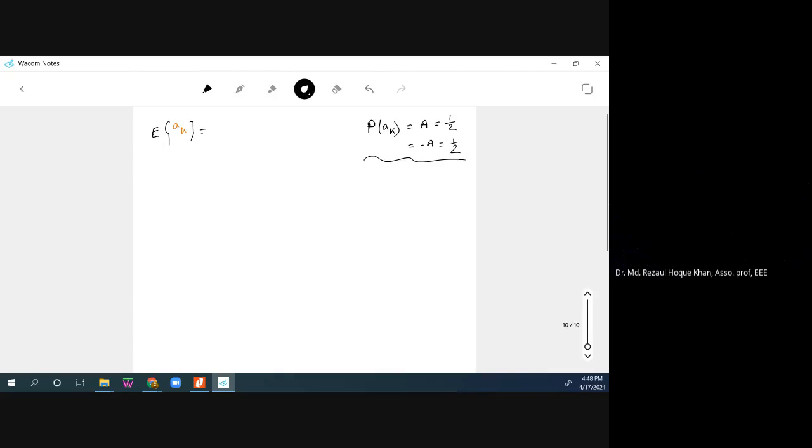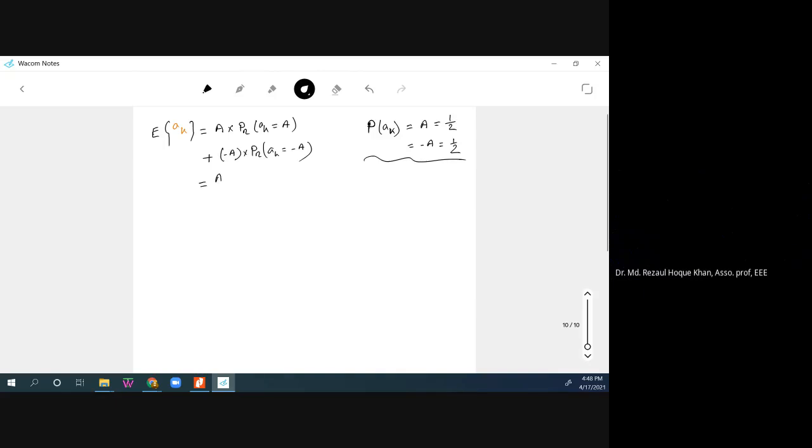The expected value is A into the probability of AK when AK equals A, plus another amplitude, minus A, into the probability that the AK value will be minus A, right?